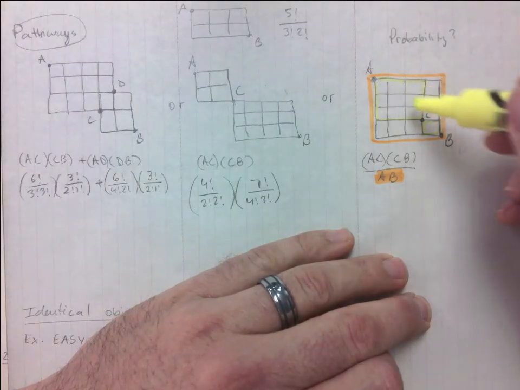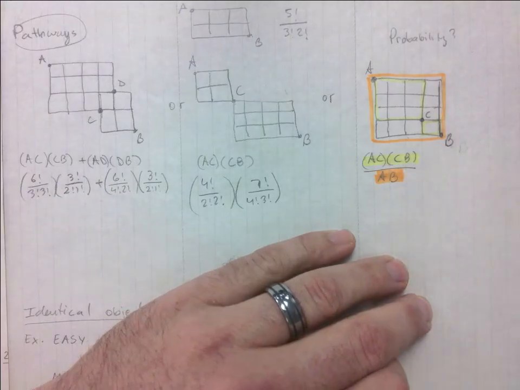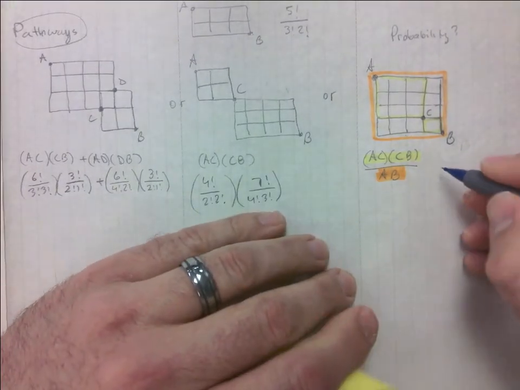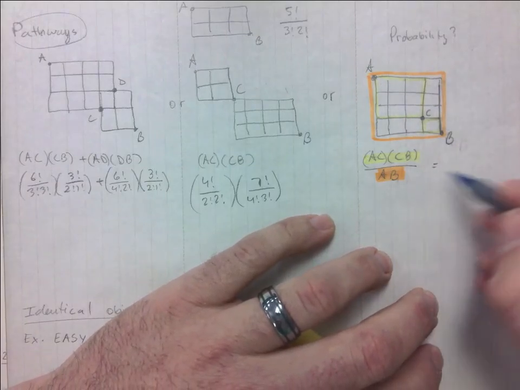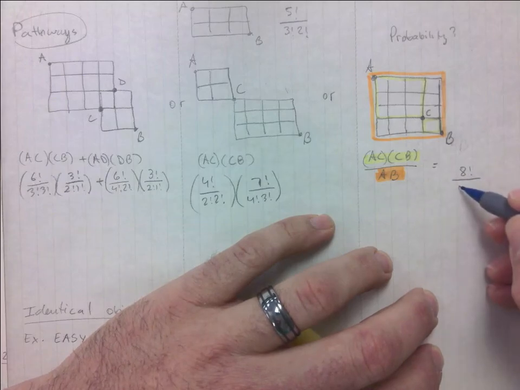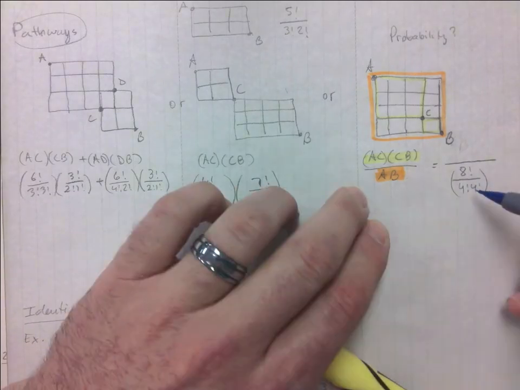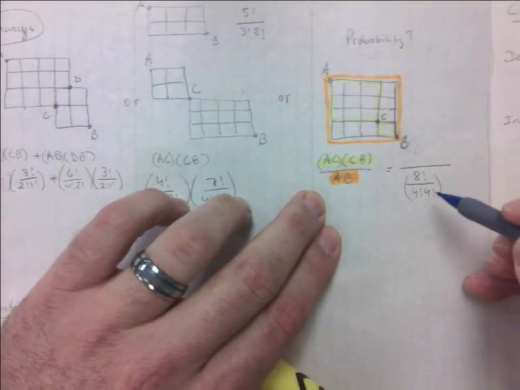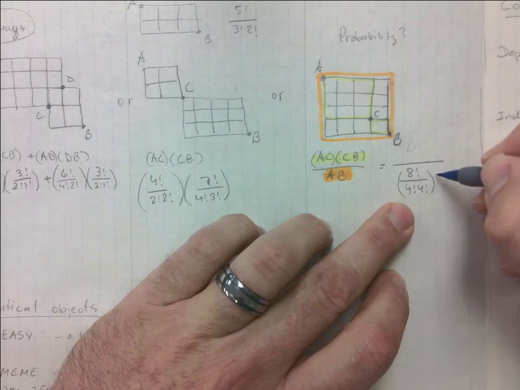You're going from A to C and then C to B. So that would be your top part there. So real quick, the denominator would be 8 factorial over 4 factorial, 4 factorial. It gets really ugly. I would recommend you do this separately, in different chunks, but this would be the number that is your NU.